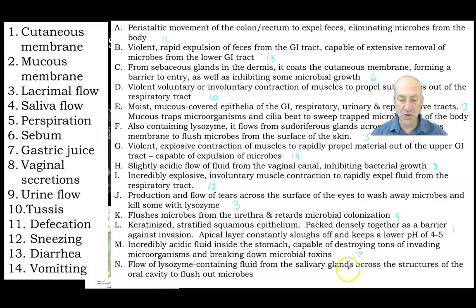Inside your stomach, pH of 1.2. It'll burn your skin. You put gastric juice on your skin and count to about 10, you'll feel a burn. You put it on your clothes, wait about 3 minutes, you'll have a hole in your clothing. N, a flow of lysozyme-containing fluid from the salivary glands. That's obviously saliva. Okay. Done there, and we'll go to the next one.